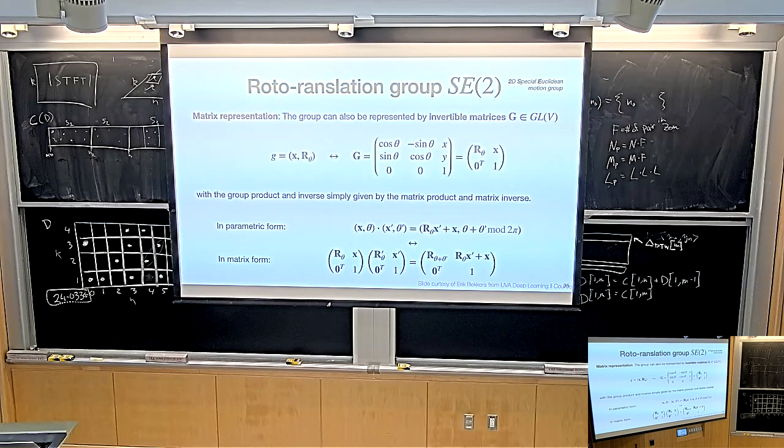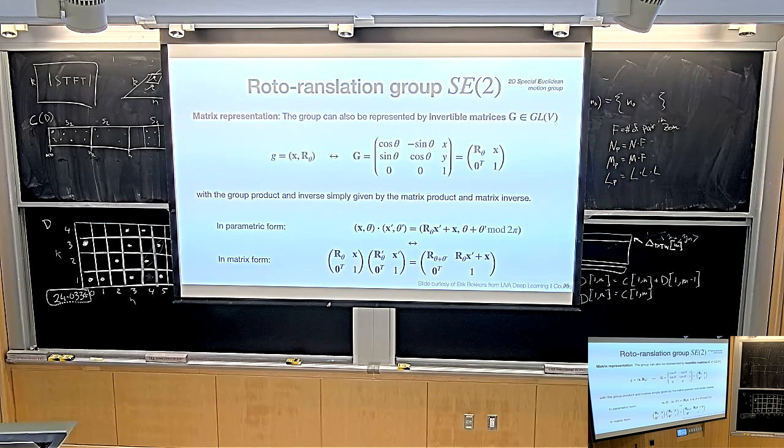It is worth noting that the identity element and the inverse element can always be found both in the group elements as well as in the matrix representation. In the matrix representation, it's going to be the inverse matrix.